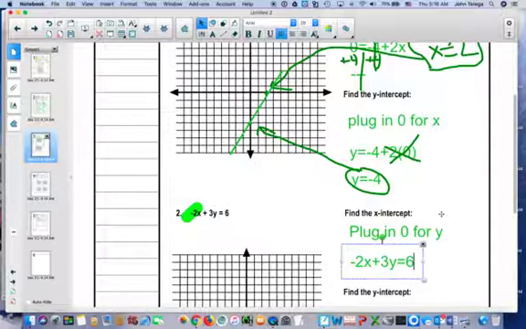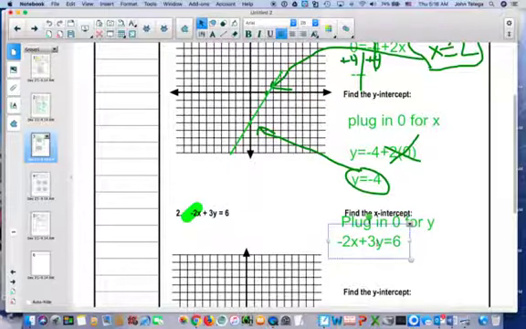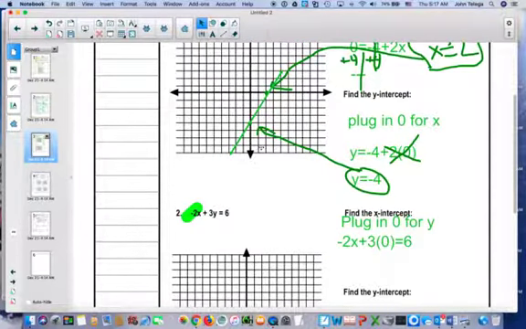Okay. Move some of the stuff out of the way a little bit. And so instead of the y, now we're going to plug a 0 in. So poof, it's gone.